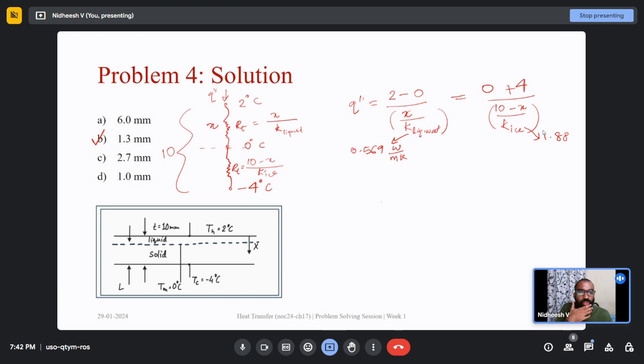Can someone solve and tell me if you are getting this answer, to make sure that we are doing everything correctly? Is someone calculating it?